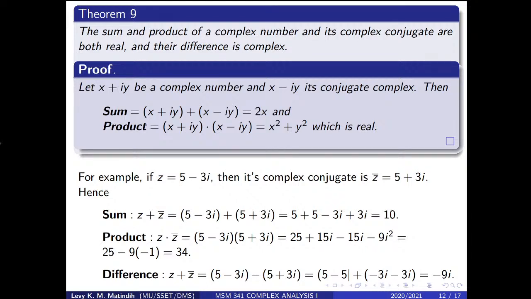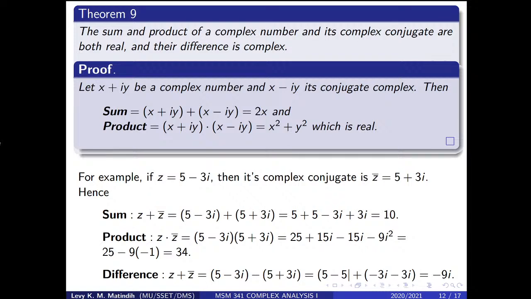And the product, if you multiply x plus iy by its complex conjugate x minus iy, this is the difference of two squares in short. So this will be x squared plus y squared. Remember, y is not a pure imaginary number. y is the imaginary part of a complex number.